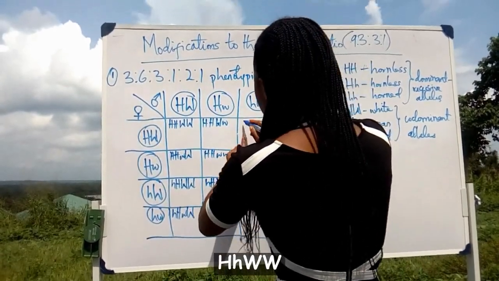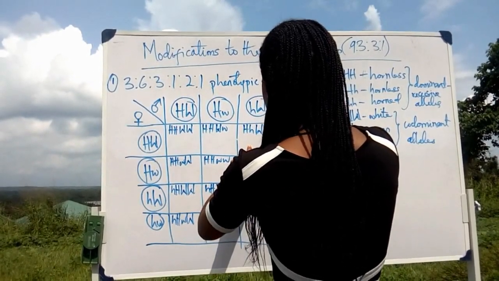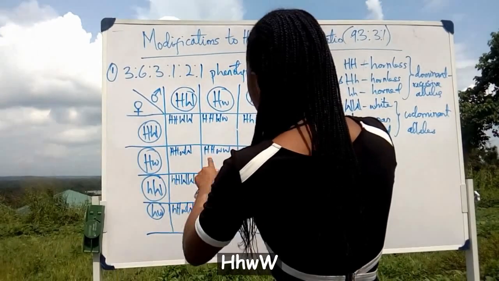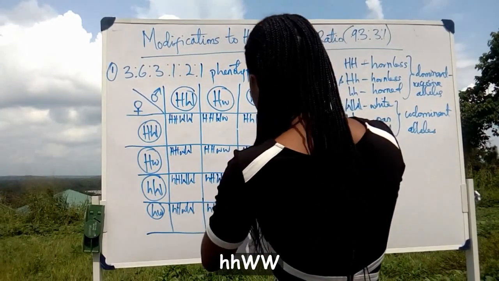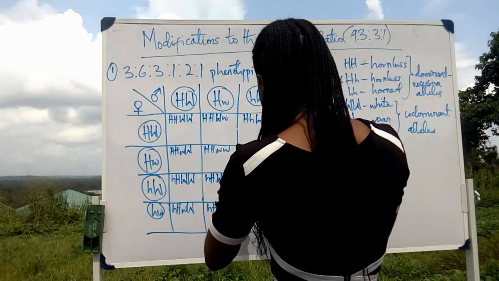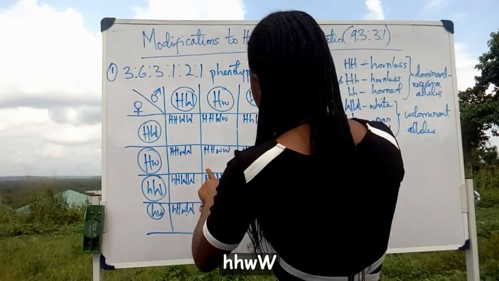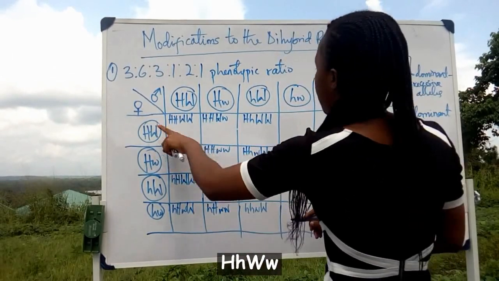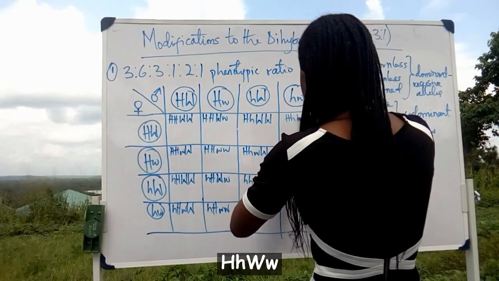Okay, big H, small h, big W, big W. Big H, small h, small w, big W. Small h, big W, big W. Small h, small w, big W. Okay, big H, small h, big W, small w.